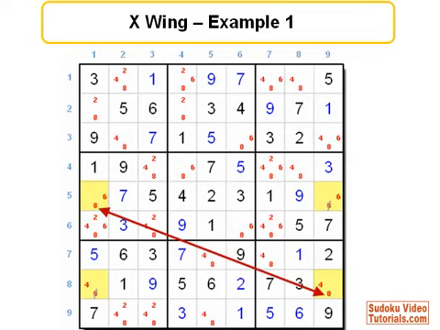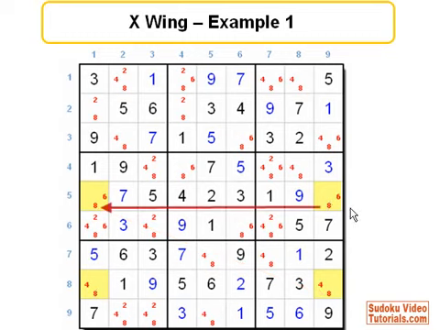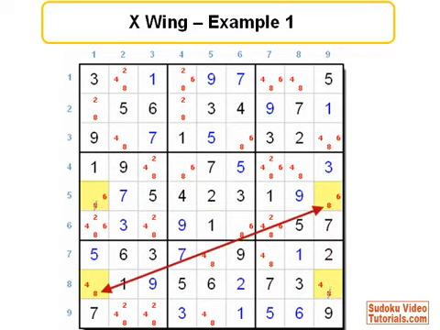Now let's check the opposite case. If this cell is an 8, then across the row, this cannot be an 8. And looking down the column, this also cannot be an 8. Therefore, if this is an 8, its opposite cell must be an 8.